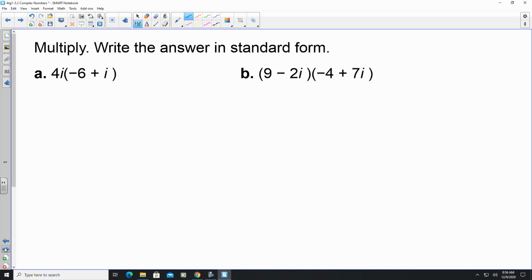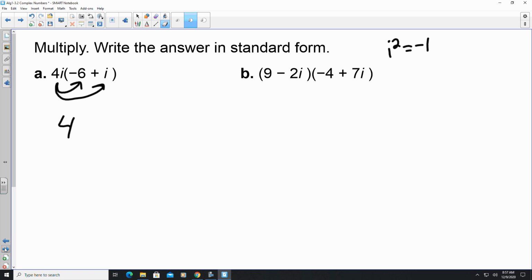Now again, multiplying, you're doing the same thing. And I would just advise that anytime you see i squared, immediately write it as negative 1. So here, multiply 4i by negative 6i.